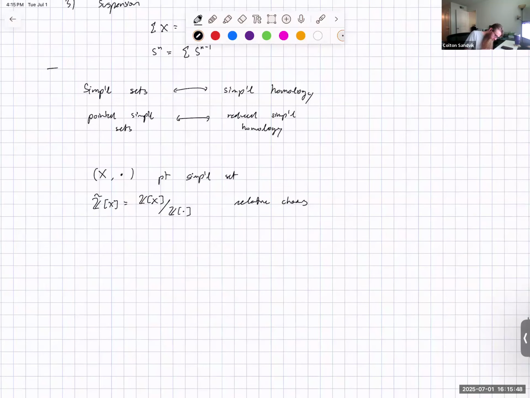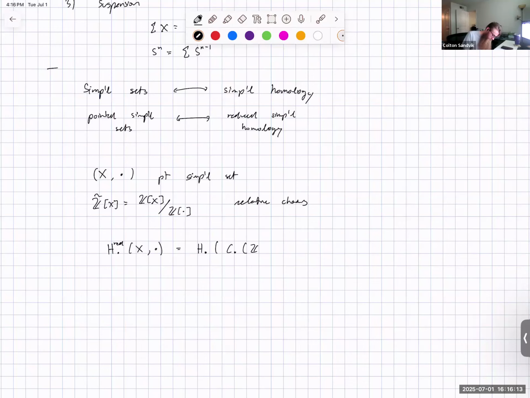And then from this we could define things like reduced simplicial homology by taking the homology of this, like the Dold-Kan for this.